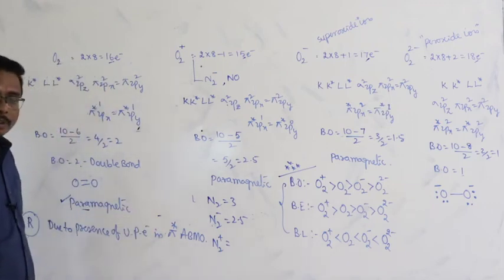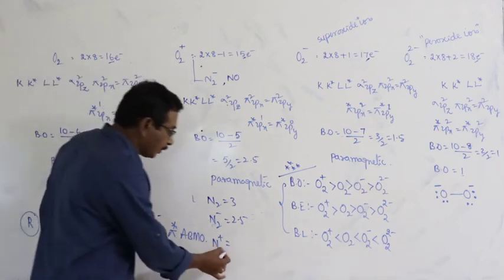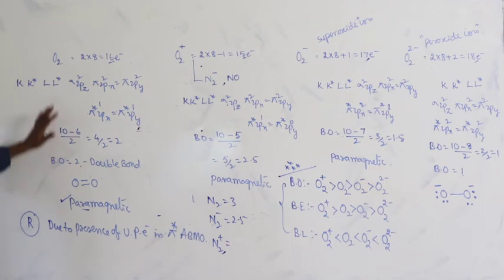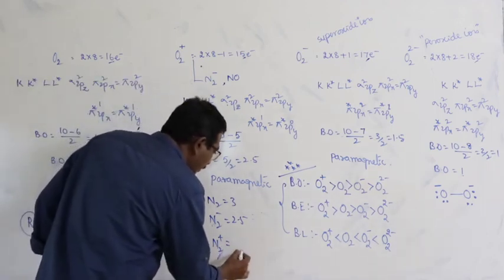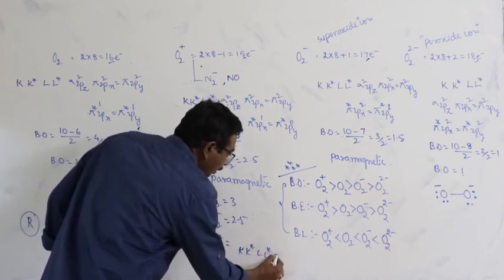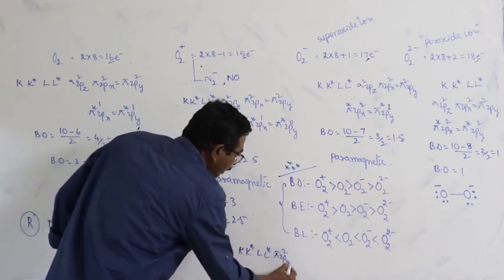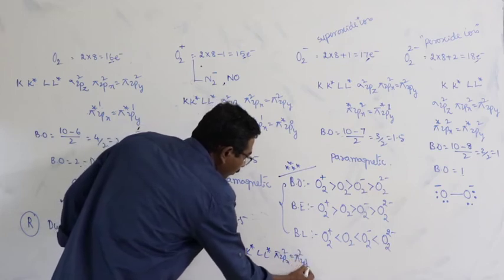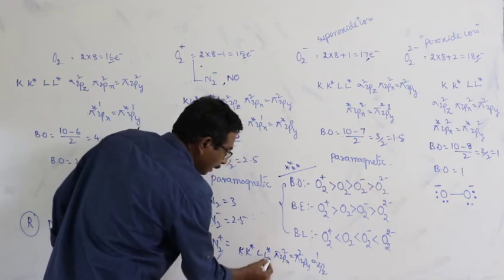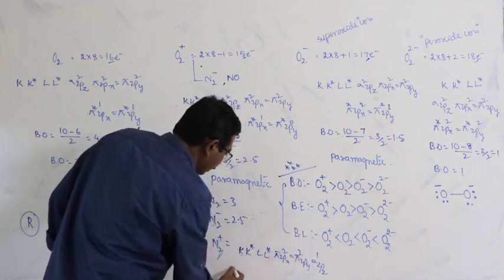N2 plus is a 13 electron system. Okay, N2 plus 13 electron system means KK star, sigma 2s squared, sigma star 2s squared, pi 2p x squared equals pi 2p y squared, sigma 2p z 1. 8 plus 5, 13.